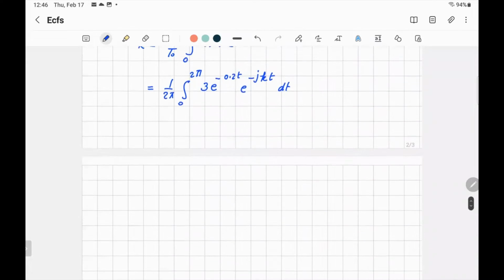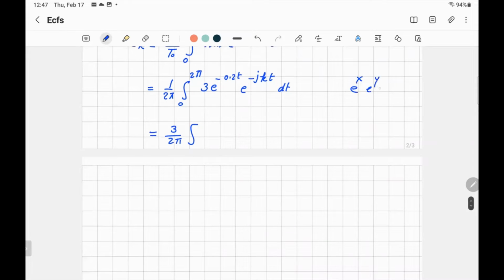To do the integration, let's get the constant out. So you have 3 over 2 pi. The 3 is constant, and then I'm going to integrate this thing. Remember, exponential is easy. If you have e to the power of minus a times e to the power of minus b, forget about negative. In general, if you have any exponential, e to the power x times e to the power y, what's the result? e to the power x plus y, right?